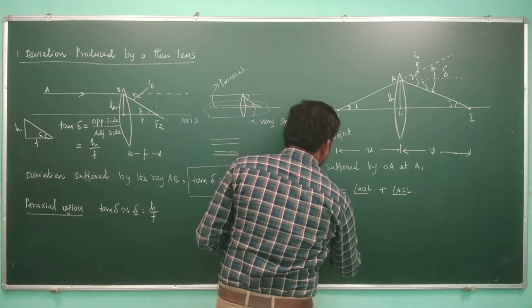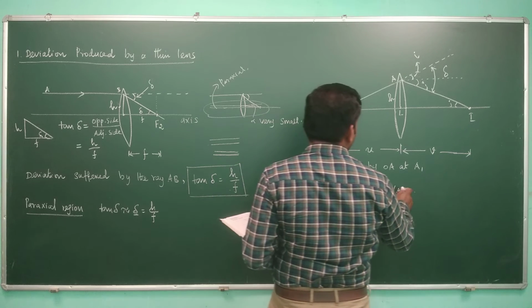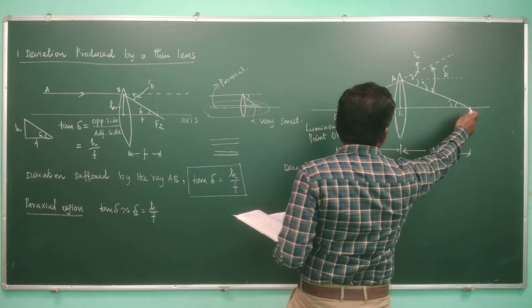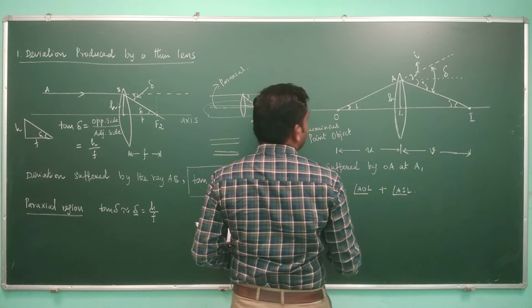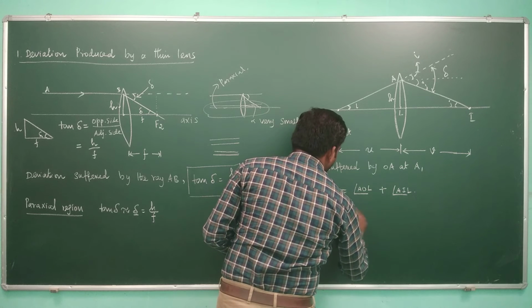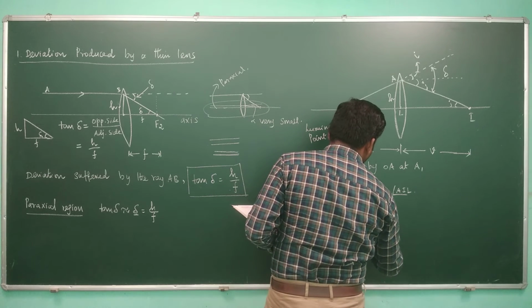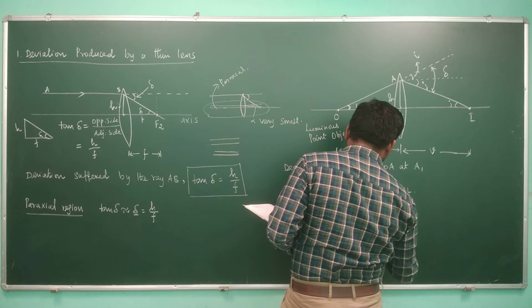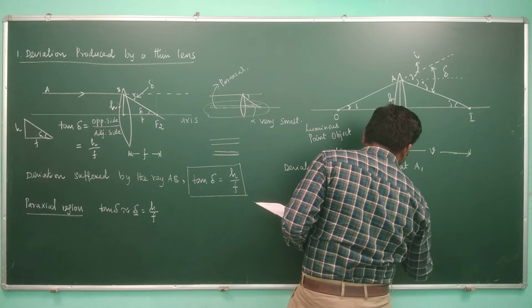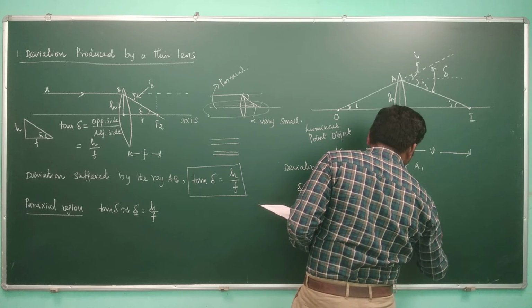Then plus angle AIL, that is nothing but h by v. We can take h as common. What is remaining? 1 by v minus 1 by u.